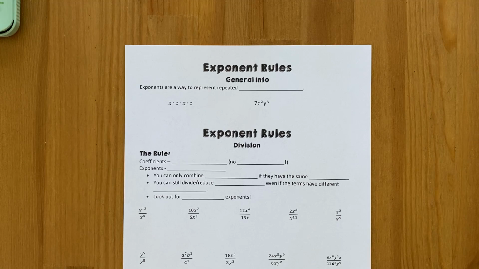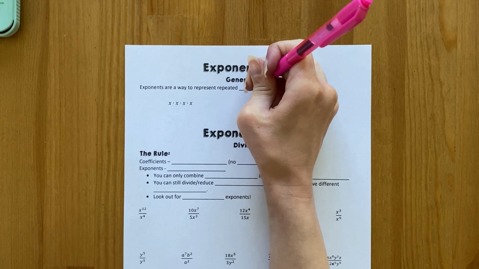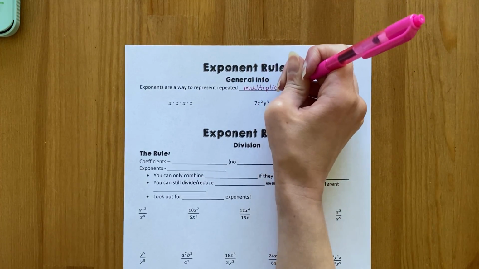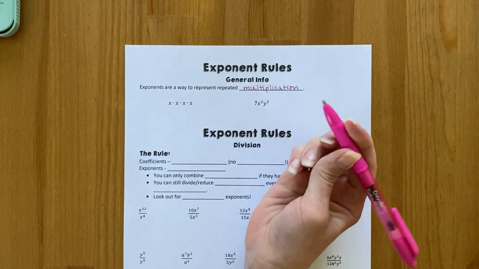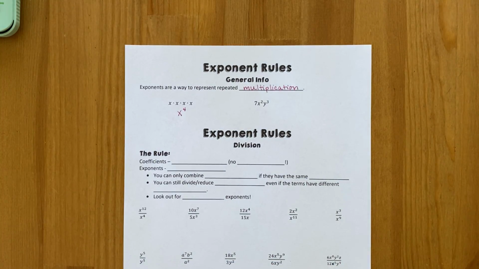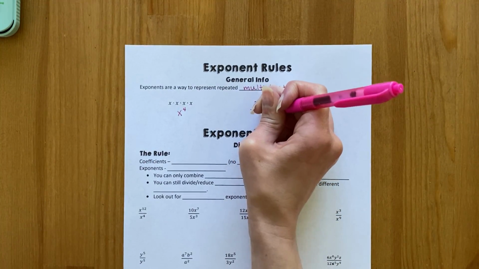We looked at this at the beginning of the multiplication rule video, but remember that exponents are a way to represent repeated multiplication. So if you see repeated multiplication of the same thing, you can rewrite that using an exponent. Or if you see a term and you want to break that apart, you can.